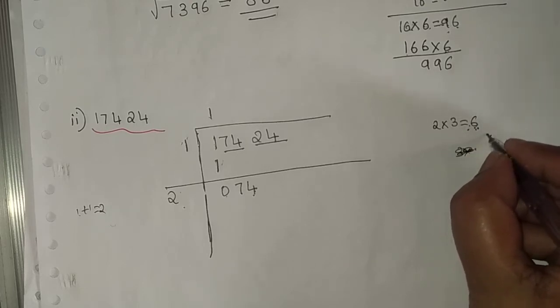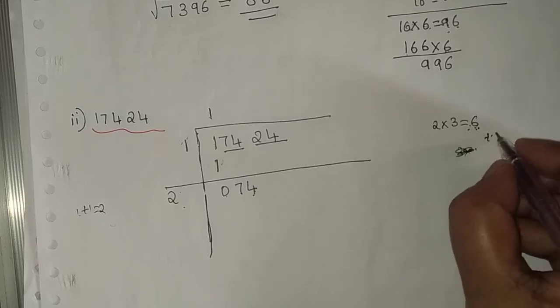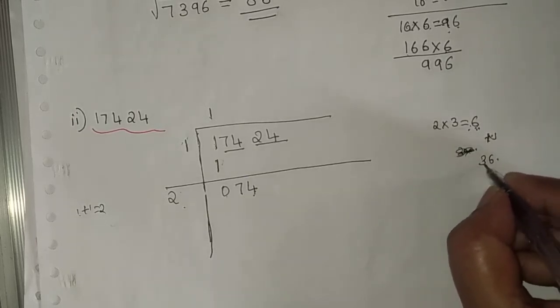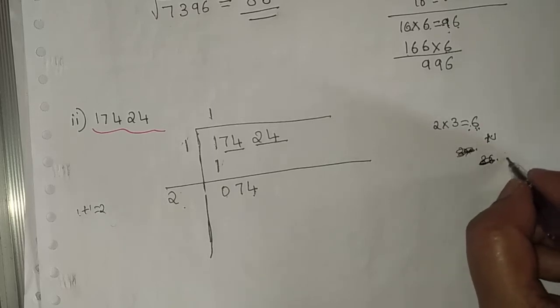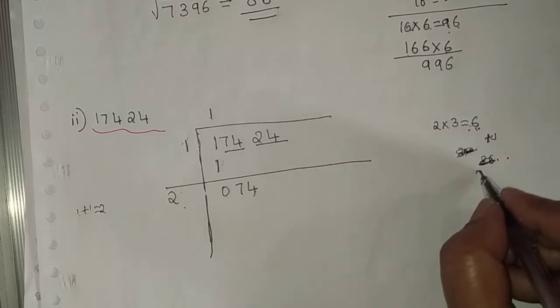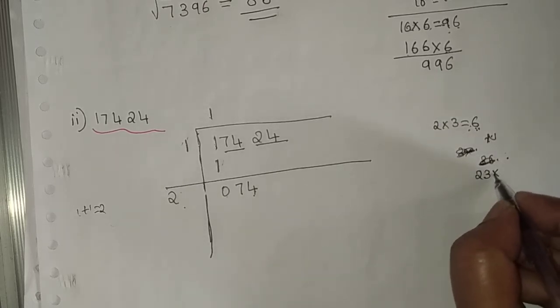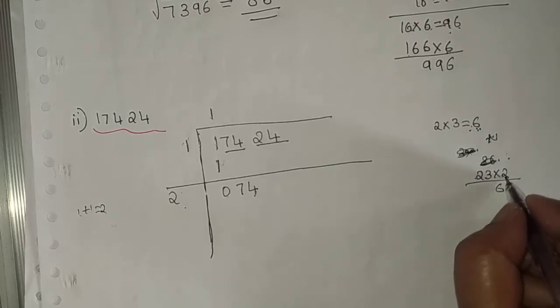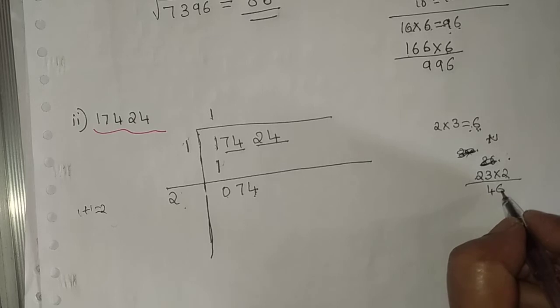Then 6 into, so next number, what is the 6 square? We get 36, or 6 6s are 36. Then the nearest number is, so we'll see, therefore we'll take 23 into 2. 2 3s are 6, then 2 2s are 4. 23 into 3 will take.